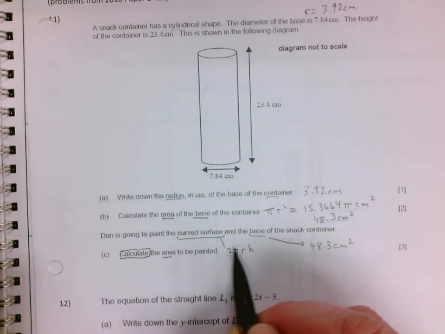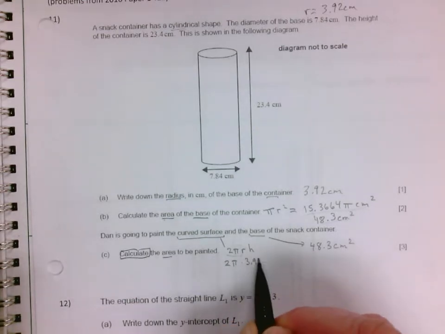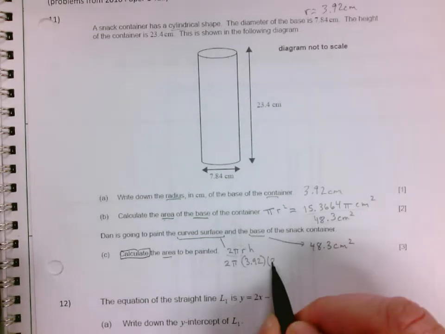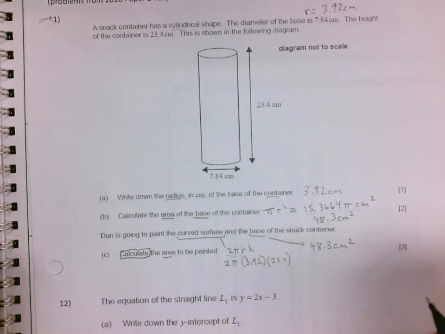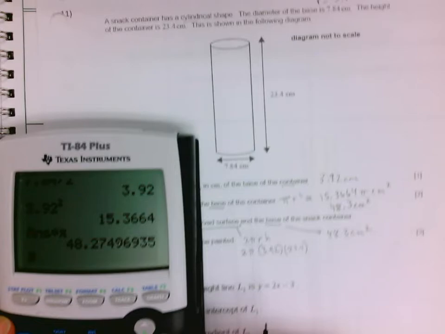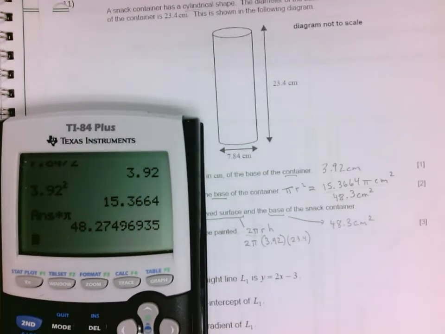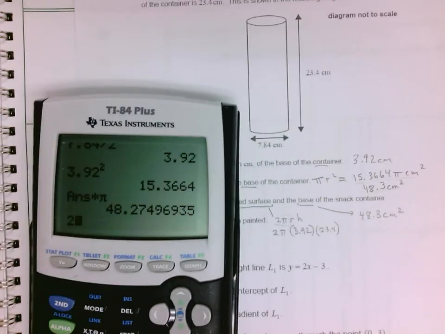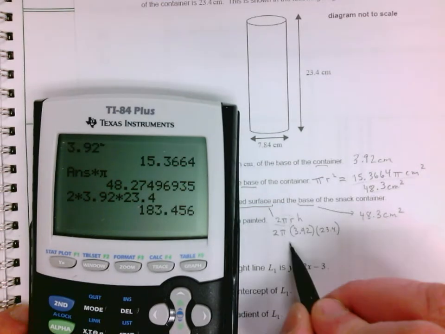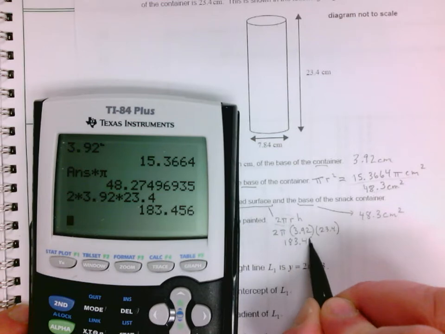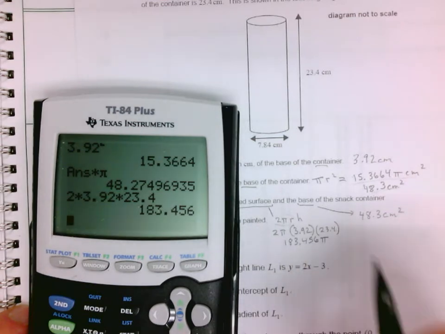So 2 pi 3.92 times 23.4. 2 times 3.92 times 23.4. That would be 183.456 pi. I always like to write that just in case something happens.